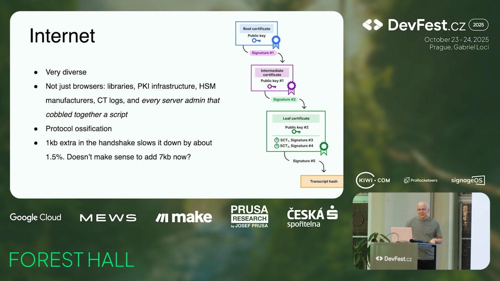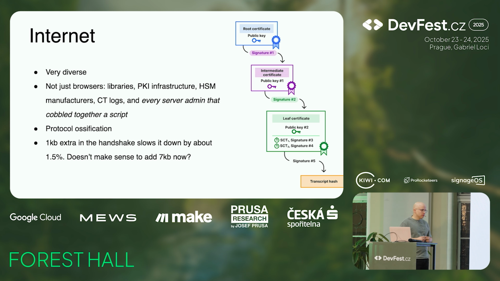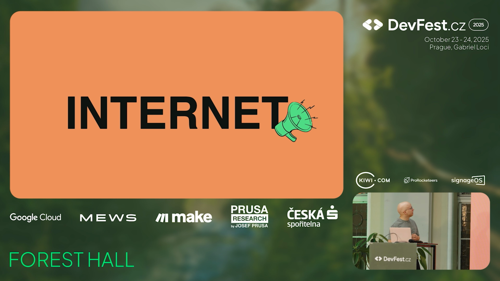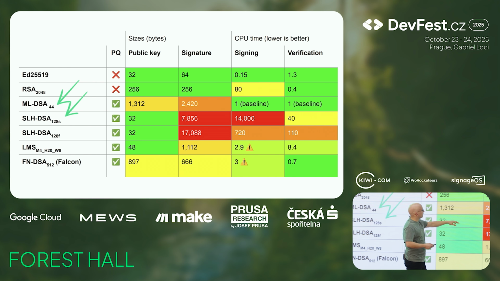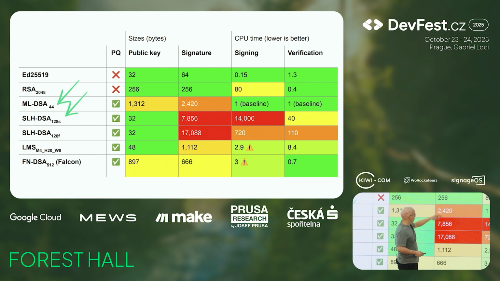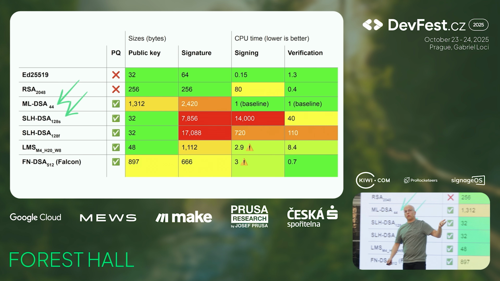Which sounds pretty easy, and it's something we can do. But basically, there are two problems. First of all, as I mentioned at the beginning, we do not have an all-around great digital signature. Suddenly the signature grew from 64 bytes to whatever this number is, so the signatures are way, way bigger.